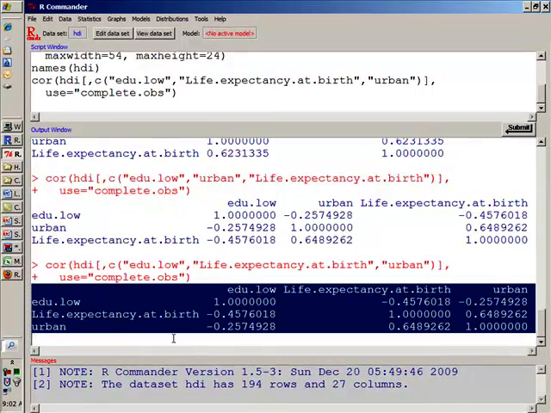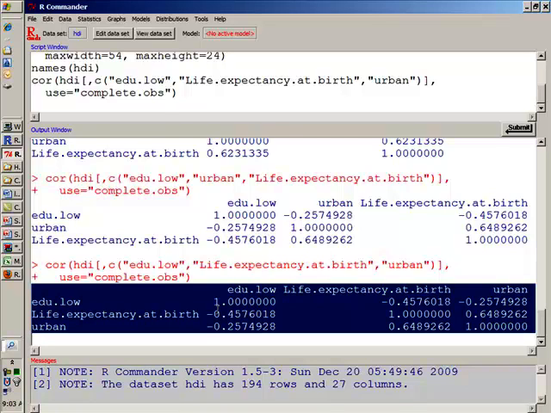Now, as I mentioned, on the diagonal of this matrix you will always get 1. 1 suggests that each and every variable is correlated perfectly with itself. And now if you look at the correlation between life expectancy at birth and low education, you see that if the percentage of individuals who are poorly educated increases in a country that is more illiterate, the life expectancy would decline.